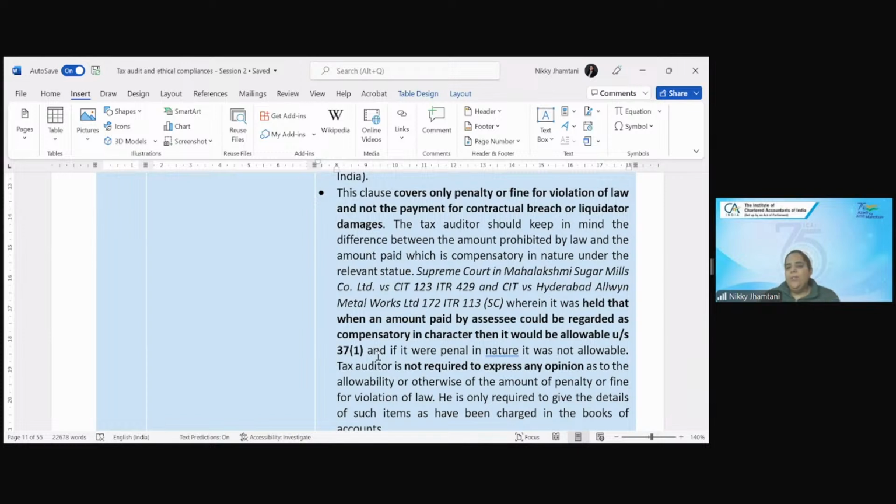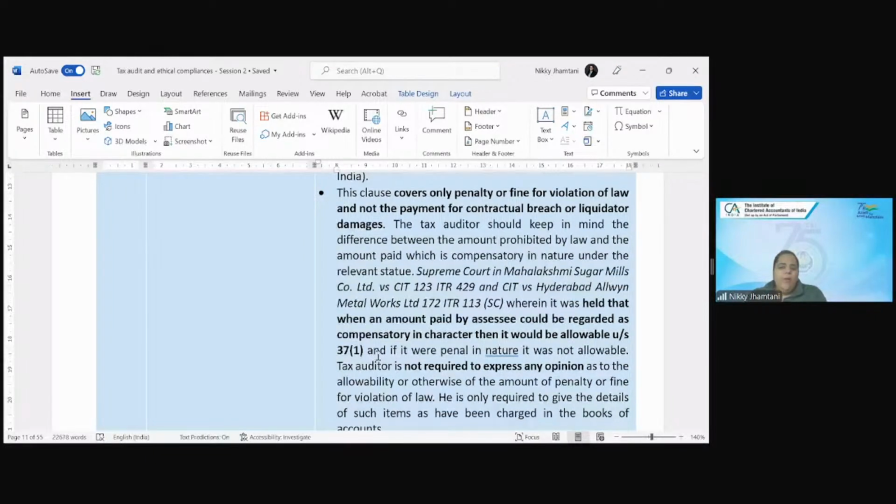In the Supreme Court cases of Mahalakshmi Sugar Mills and Hyderabad Allwyn Metal Works, it was held that when an amount paid by the assessee could be regarded as compensatory in character, then it would be allowable under 37(1), and if it were penal in nature, it was not allowable.